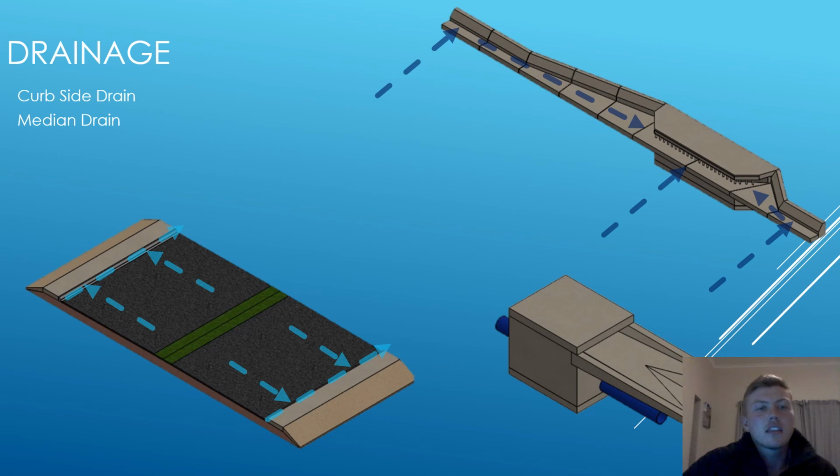Then the second drain was where, in the super elevated section, one side of the road would go towards the curb side and one side would go into the median. Then in the median there would be a side drain that would also guide the water towards the dam in the pipes.